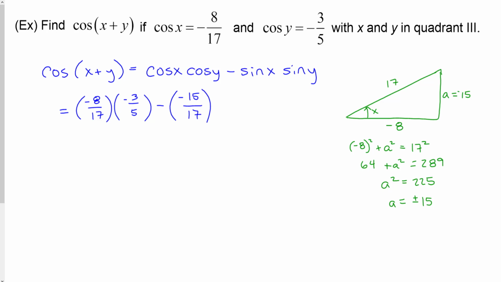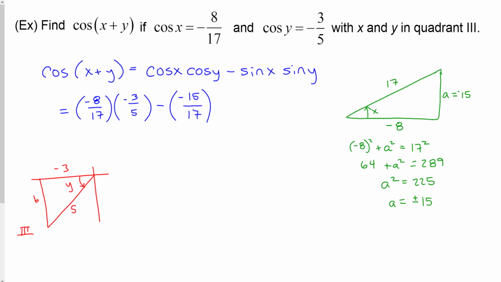All right, now y, and if you wanted to make this a little bit more clear, so like in quadrant 3, I'm going to draw like this, so this would be quadrant 3. And I can put my reference triangle in quadrant 3. All right, so I'll call this y right here. The cosine of y is -3/5, which is the adjacent over the hypotenuse. So we just need to figure out what this distance is right here.